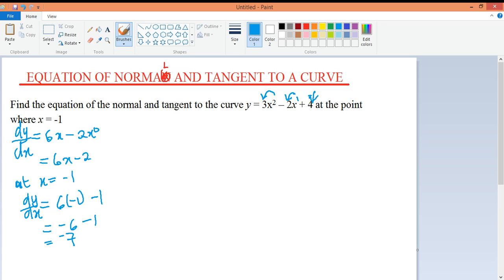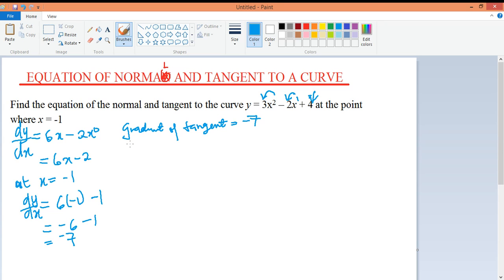Good. It means the gradient of the tangent is equal to negative 8.